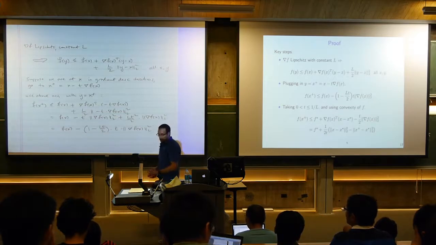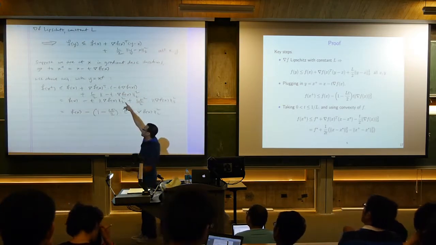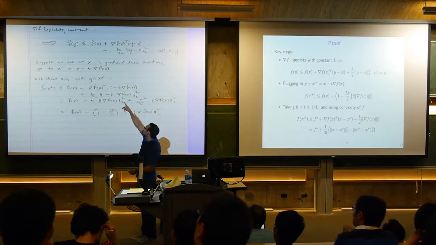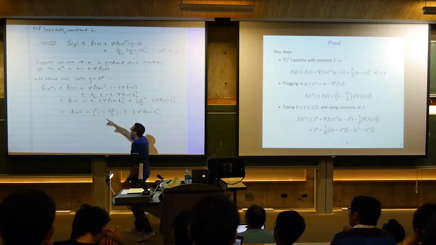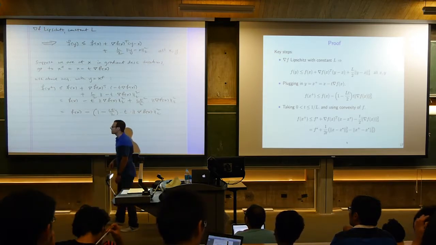Let's pause here and think about what we got. The strategy was pretty simple: we used this inequality from the fact that grad f was Lipschitz to compare what happened at our next step to what happens at our current step in terms of the criterion value.